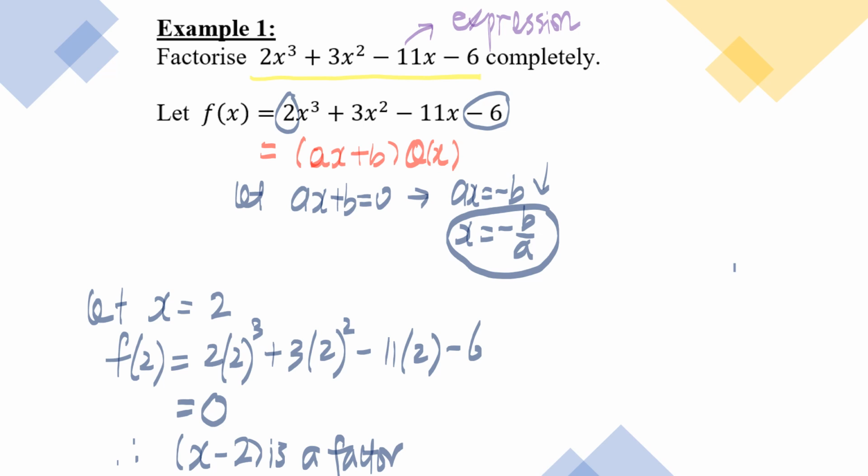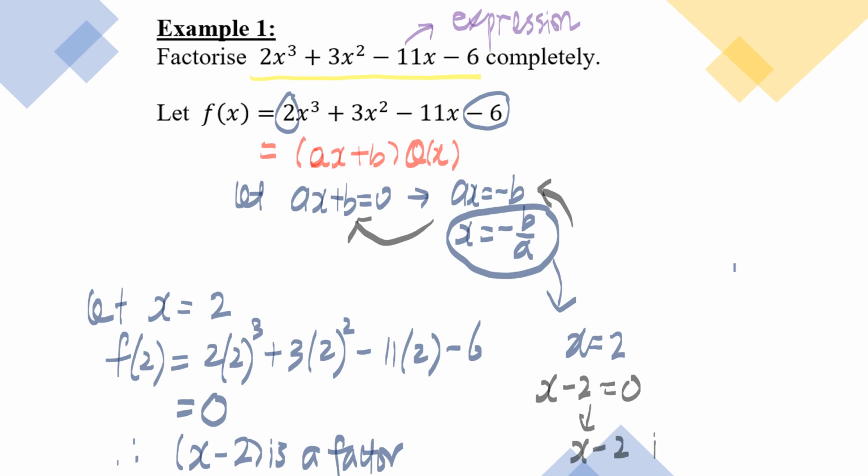Converting it backwards means you start from here, you manage to get x equals 2, and then you go backwards one more step. 2 is an integer, so you don't really have to, but if it's a fraction, then you have to multiply by a to convert it back to ax equals negative b. Then you go one more step, so you will have x minus 2 equals 0, and if you go one more step, then x minus 2 is your factor, is your divisor here.